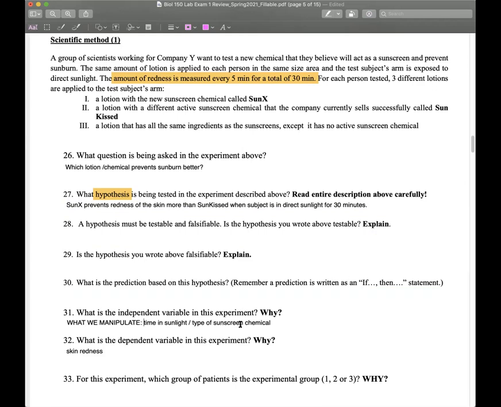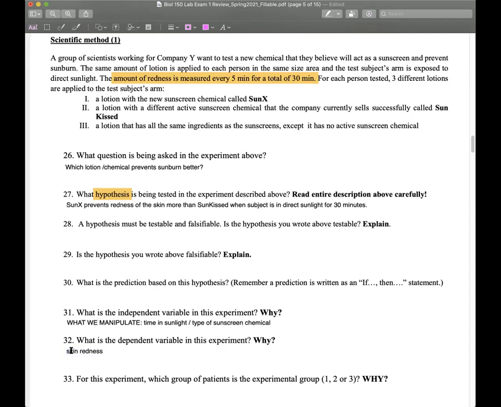Again, if we wanted to test 5 different chemicals, we could do that. If we just wanted to test 2 chemicals, we could do that. So we get to determine which chemicals we're testing, how many of them we're testing. So that's why it's an independent variable. This is what we are manipulating for the purpose of conducting this experiment.